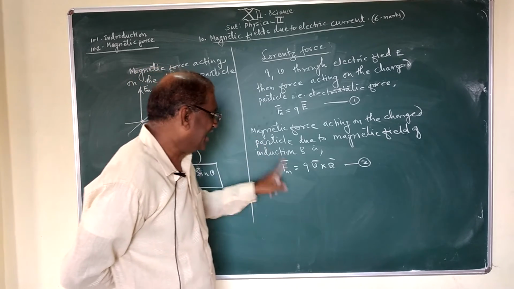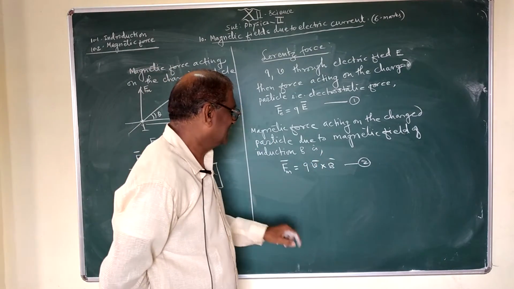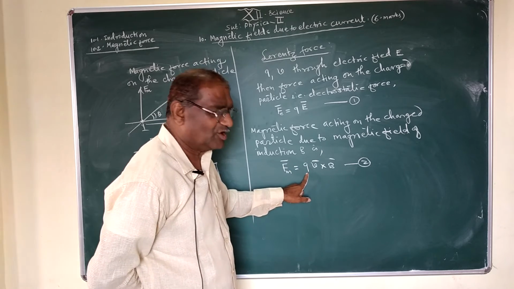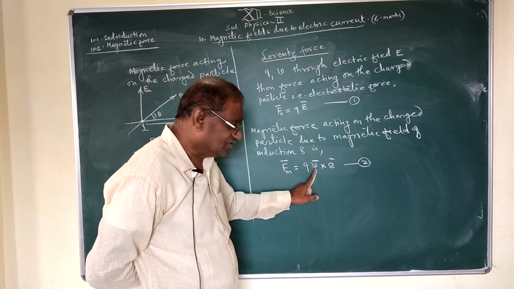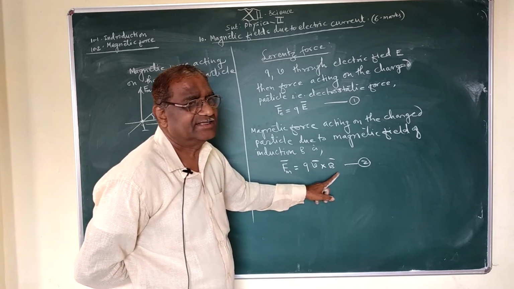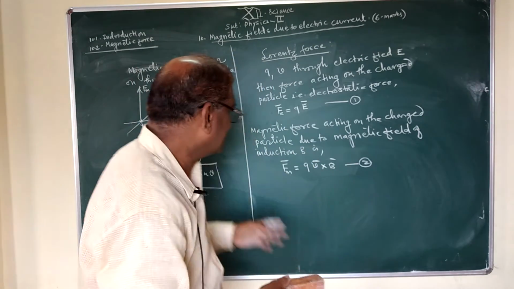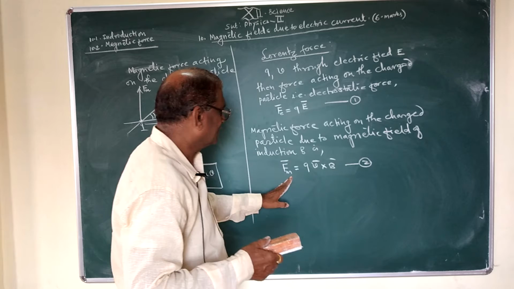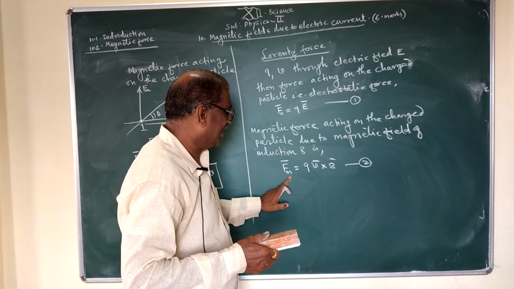Similarly, the magnetic force acting on the charged particle depends upon three factors: the magnitude of the electric charge, the velocity of the charged particle, and the strength of magnetic induction B. These are the dependence factors of the electric force and the magnetic force.